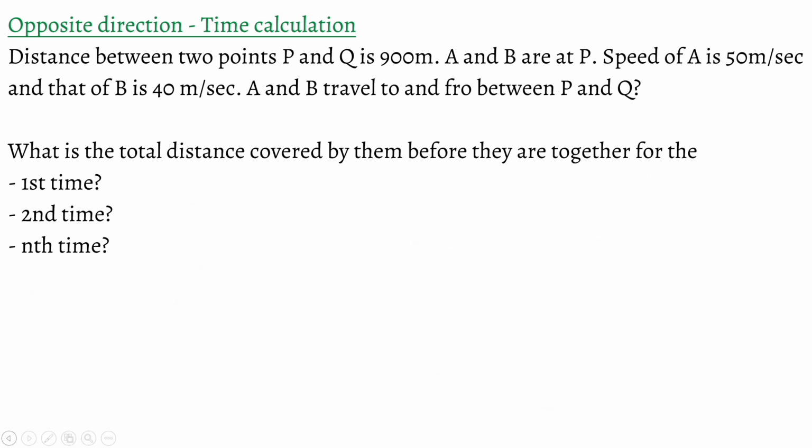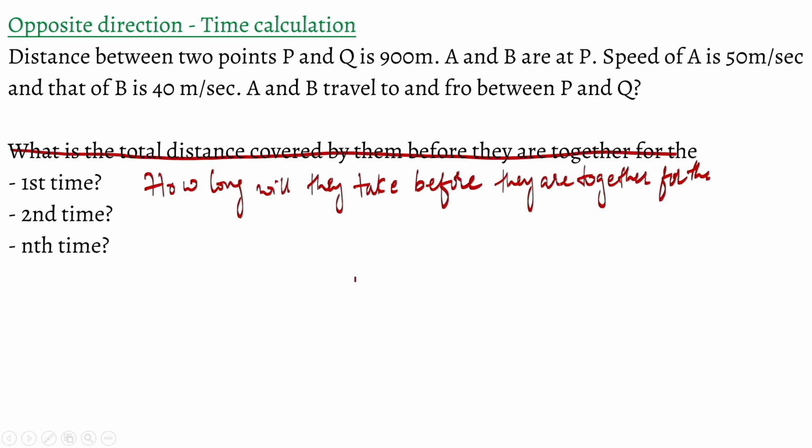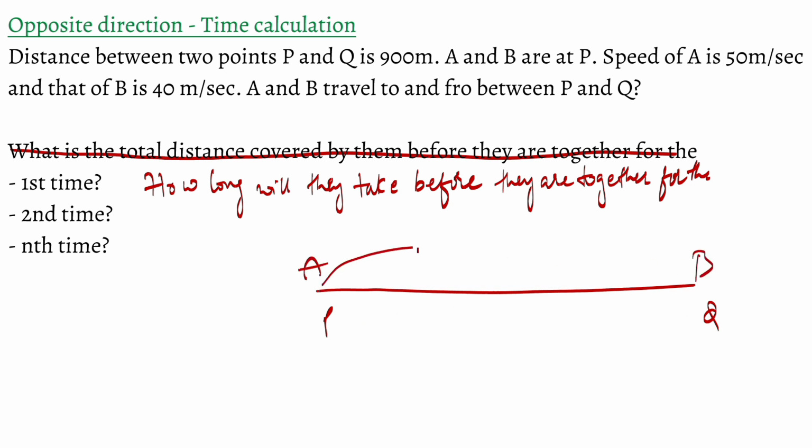So what about time calculation? How can we calculate time? So here, take before they are together for the first time, second time and nth time. So this is P and Q. A is here and B is here.